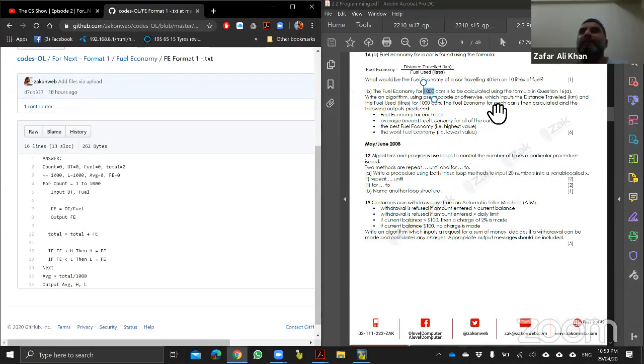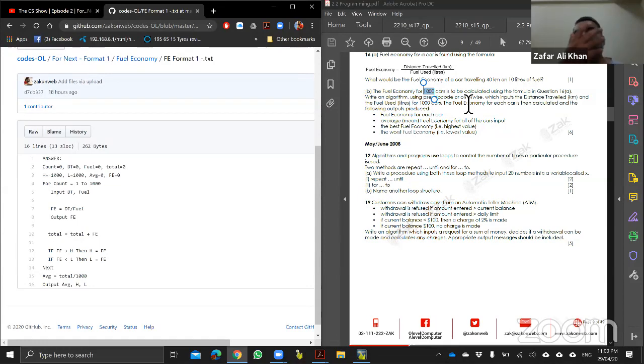Then it says write an algorithm using pseudocode or otherwise. Otherwise means you may write your answer in any of the languages, but in the marking schemes in O Levels, IGCSE or GCSE, they never show any code. By otherwise, we take it they might ask for a flowchart, but even they do not give a flowchart in the marking scheme.